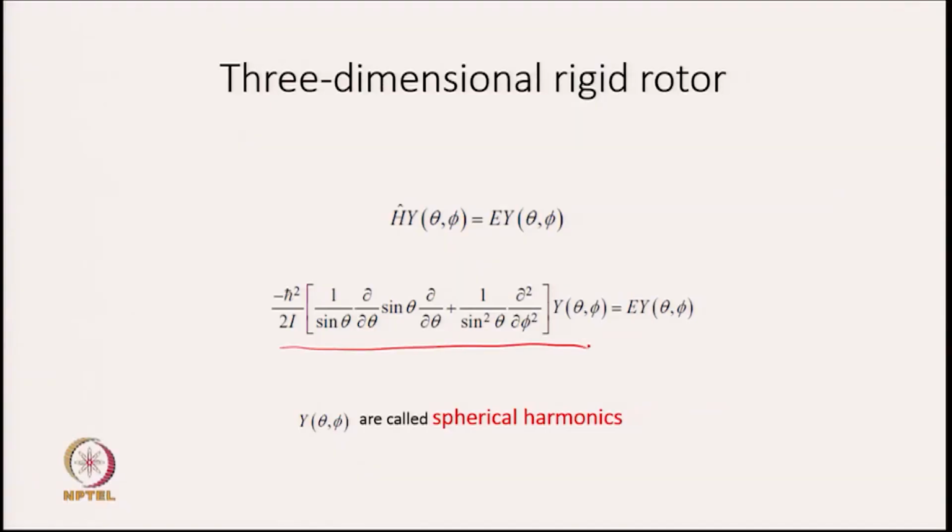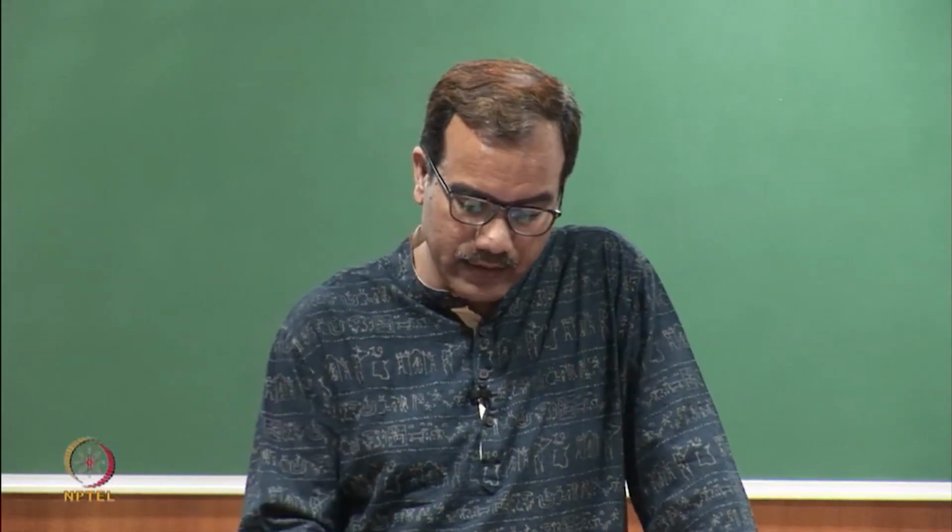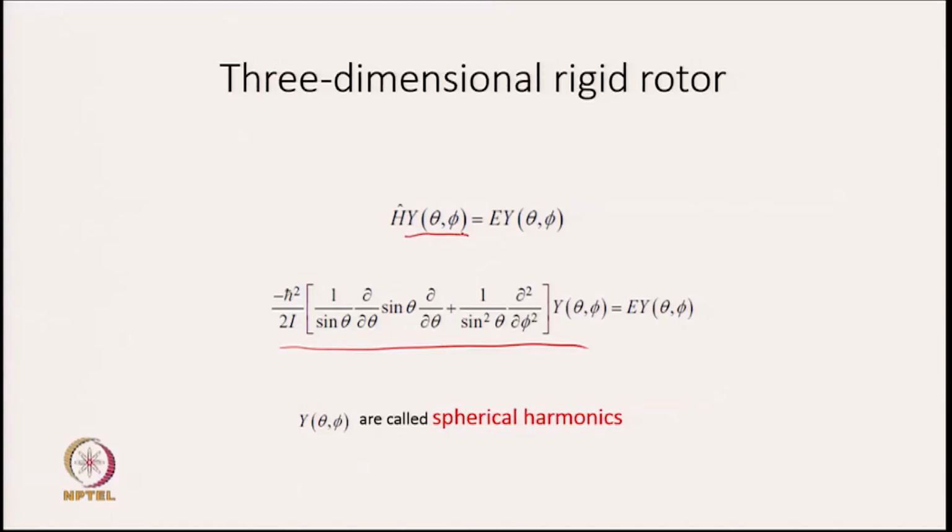Since this is a rigid rotor, R is constant, and it means that the wave function is a function of theta and phi, and that is called spherical harmonics. When you apply the Hamiltonian on a spherical harmonics, you can get the energy of the 3-dimensional rigid rotor.